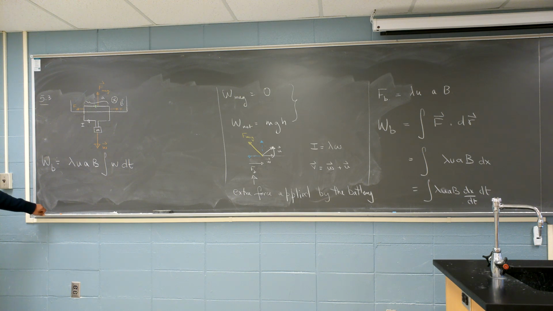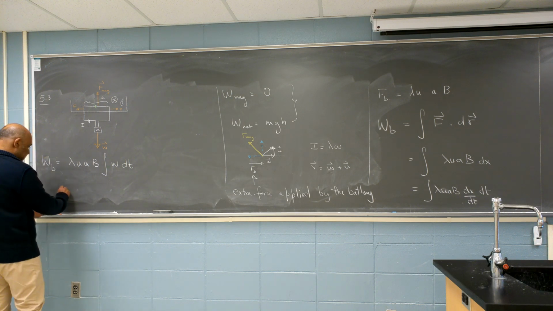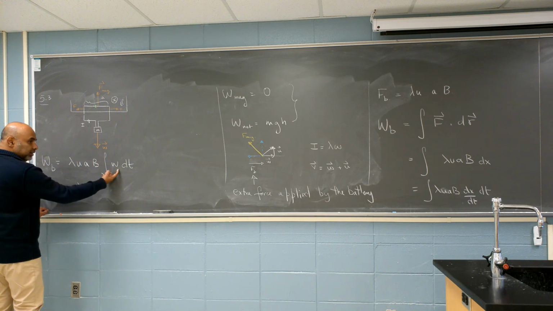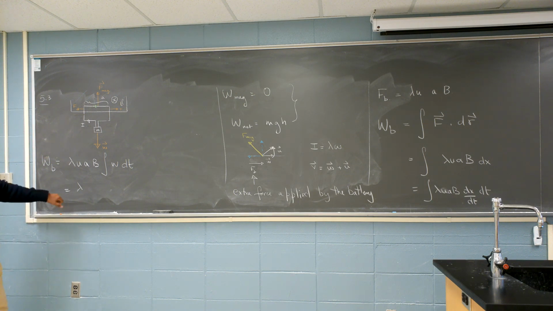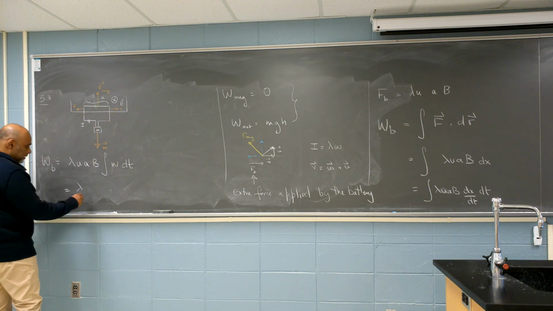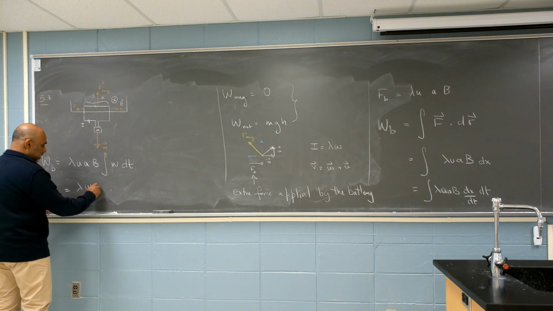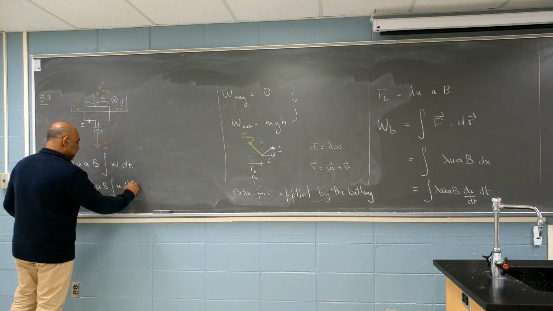I shouldn't have brought the u out, but you live and learn. So I'm going to bring the w out and u in. They're all constants. So w out, a, b, u, dt.